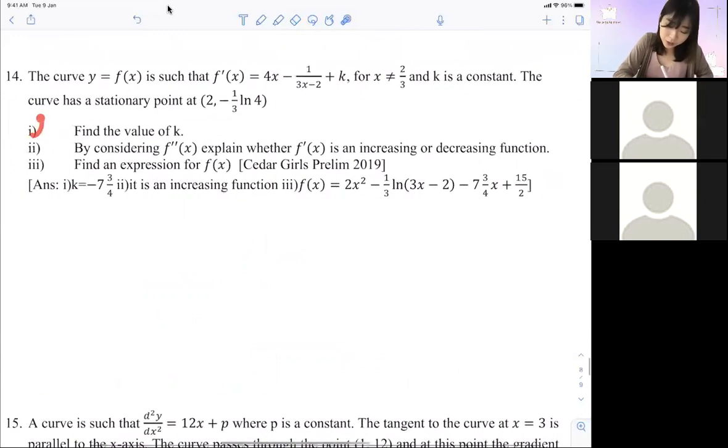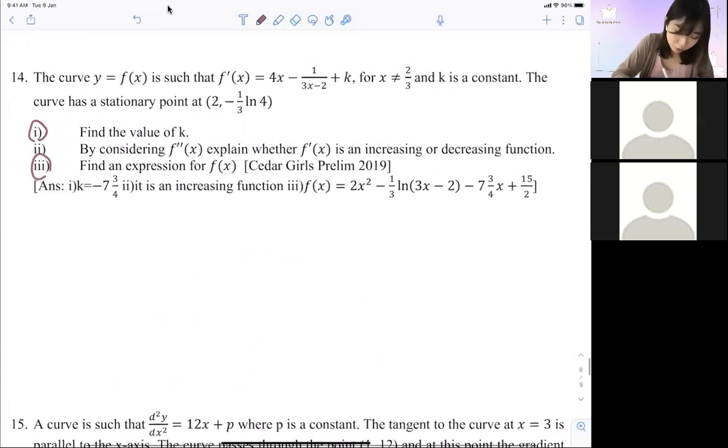Okay, can you all help me do part 1 first? I will do part 2. You can do part 1 and part 3. Part 2 is the hard part. I will go through.